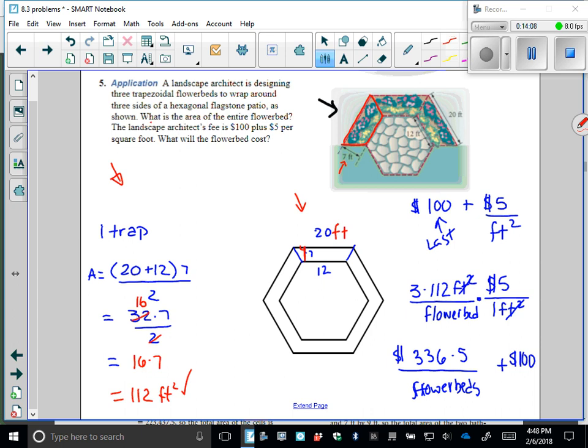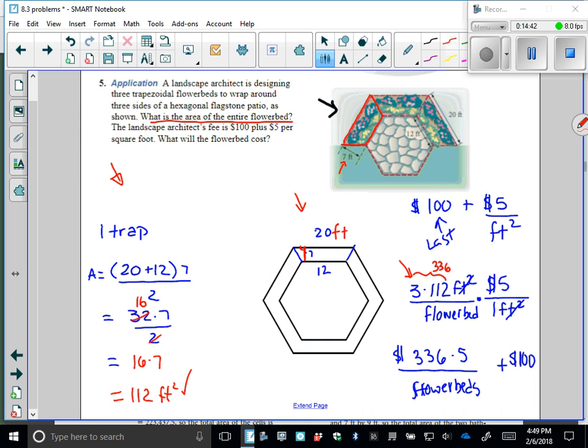The question's what's the area of the entire flower bed? So over here you'll see that I tripled, because each trapezoid is 112 square feet, and there's 3 of them. So really I have 336. When you multiply this out, you get 336 square feet per flower bed.